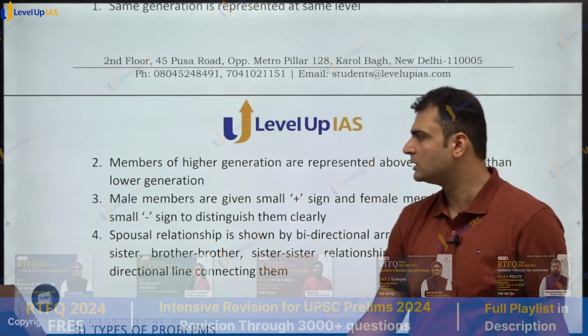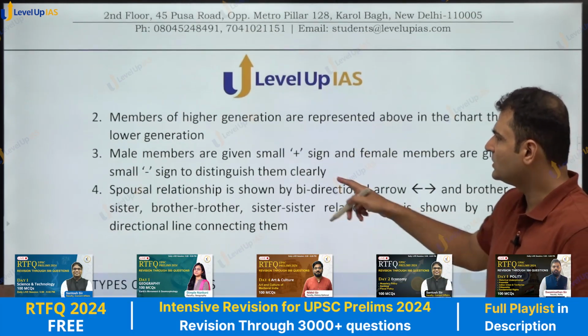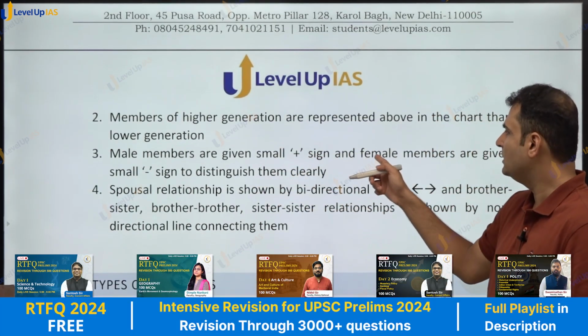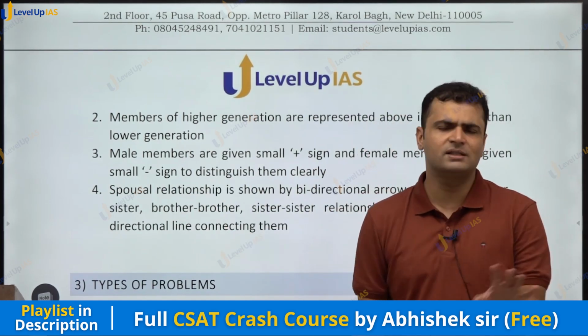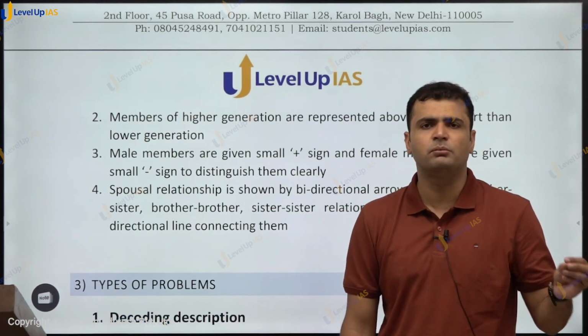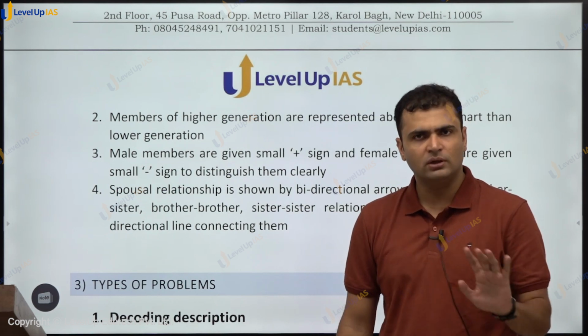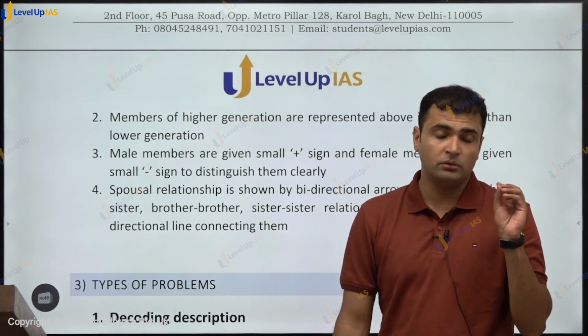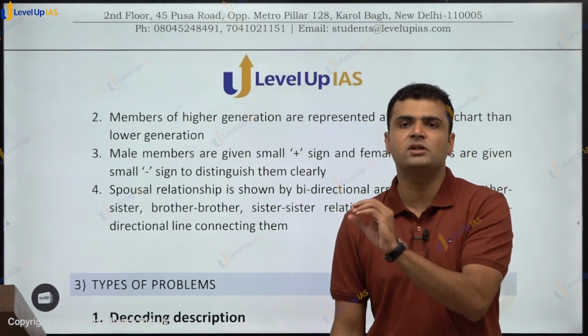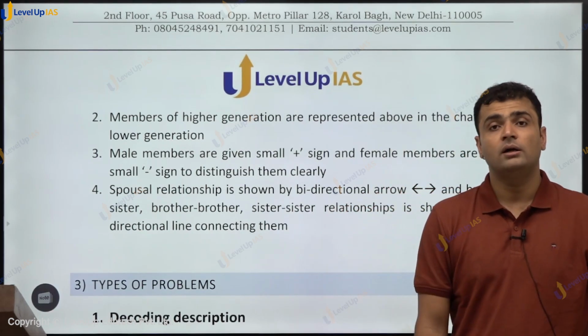Third, male members are given a small positive sign and female members are given a small negative sign to distinguish them clearly. There is nothing about male being positive and female negative. Please don't look at it that way. It is just to precisely distinguish who is male and who is female, according to the question.